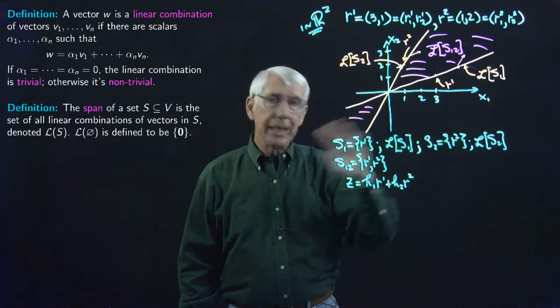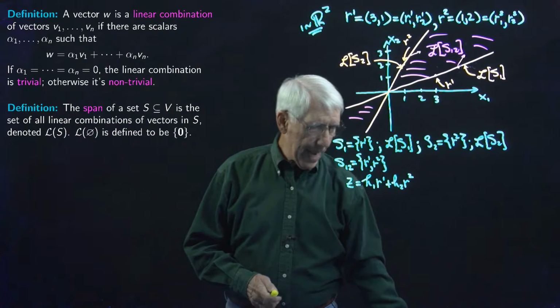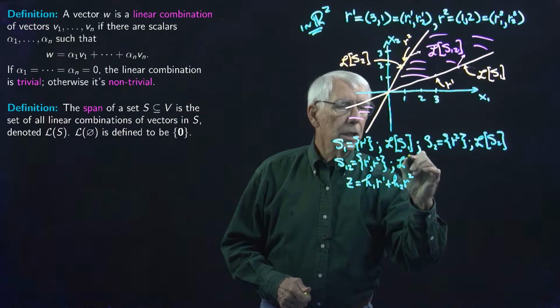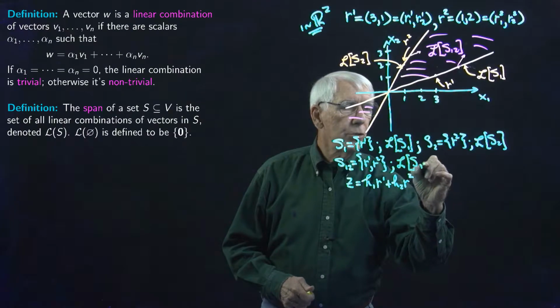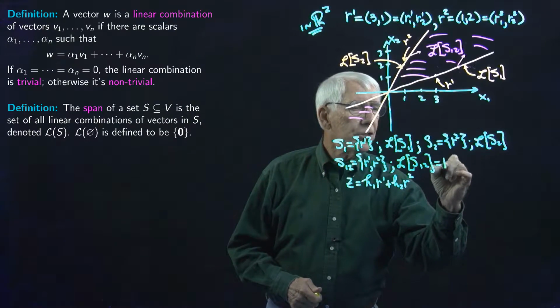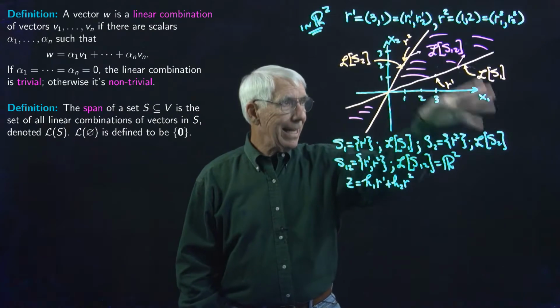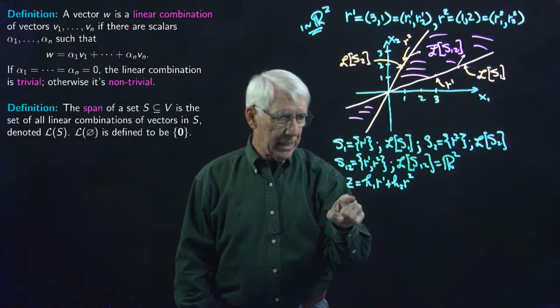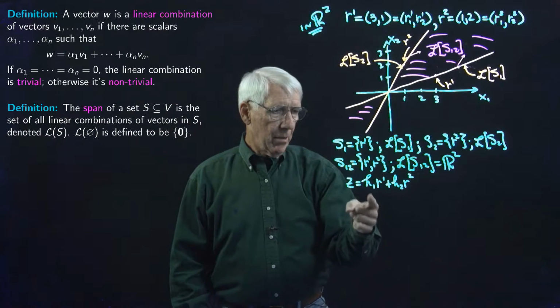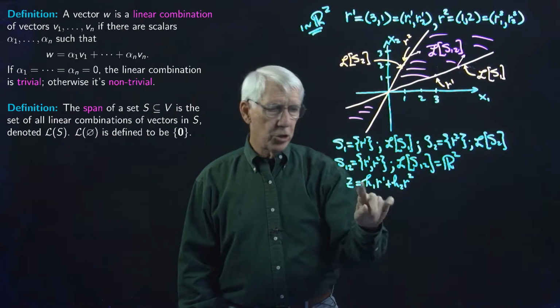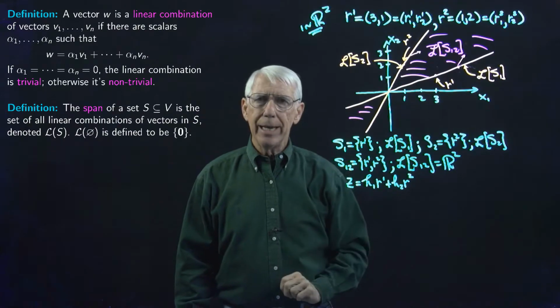So it's clear, intuitively at least, that L of S12 appears to be all of R2. It appears that we can get any vector z in R2 by just holding the right amounts of the two securities, choosing the right scalars, H1 and H2.